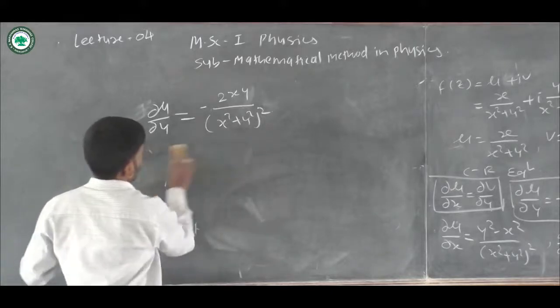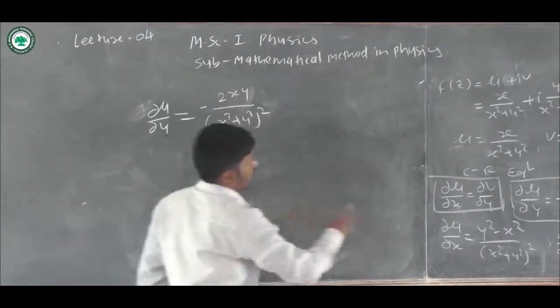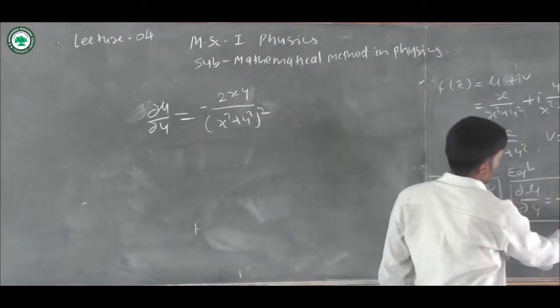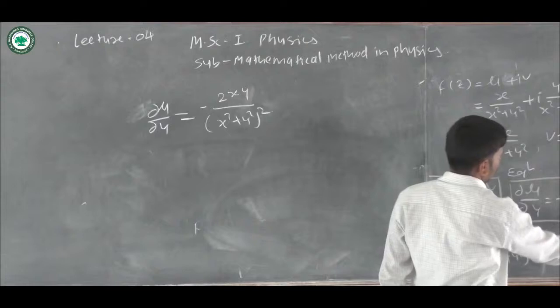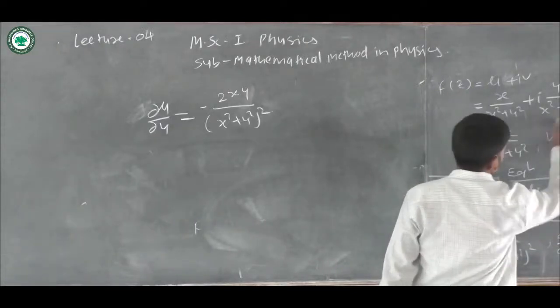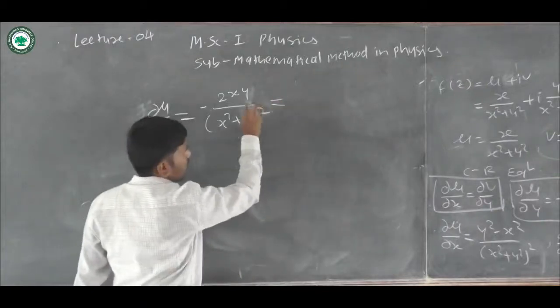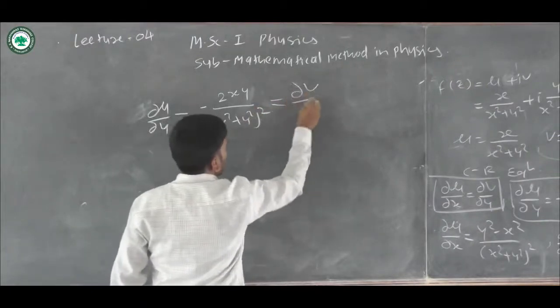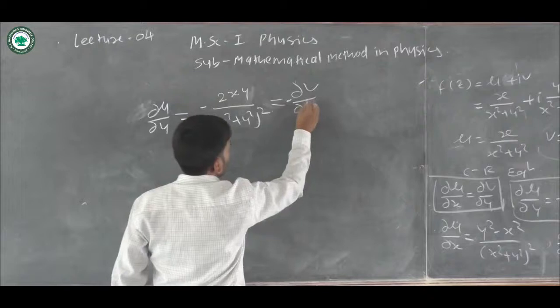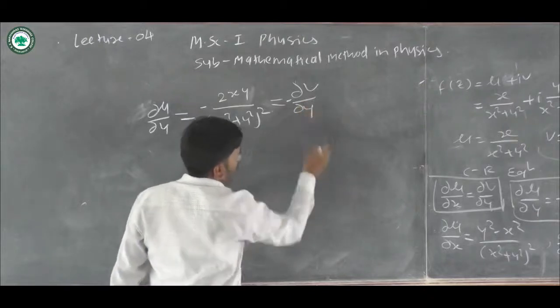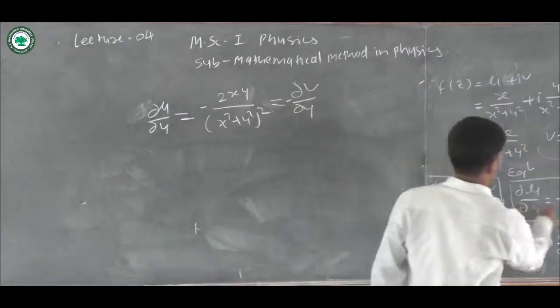Okay, similarly if we differentiate dou v by dou x, here also we get the same thing. So this is equal, I am directly writing here, that du by dy is equal to minus dou v by dou x, I think there is a mistake here.